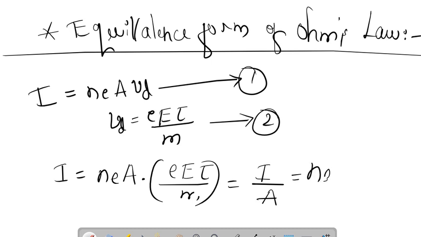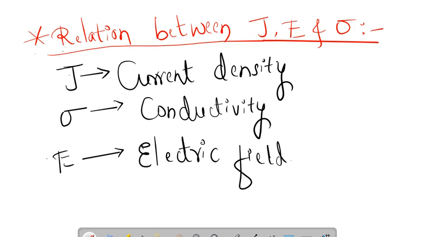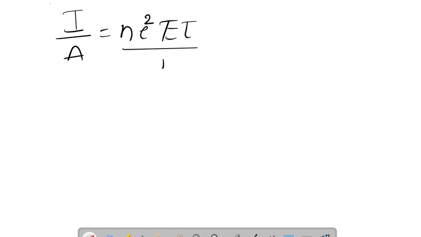The remaining is n e square E tau divided by m. So the equation we have got here is I by A is equal to n e square E tau divided by m.